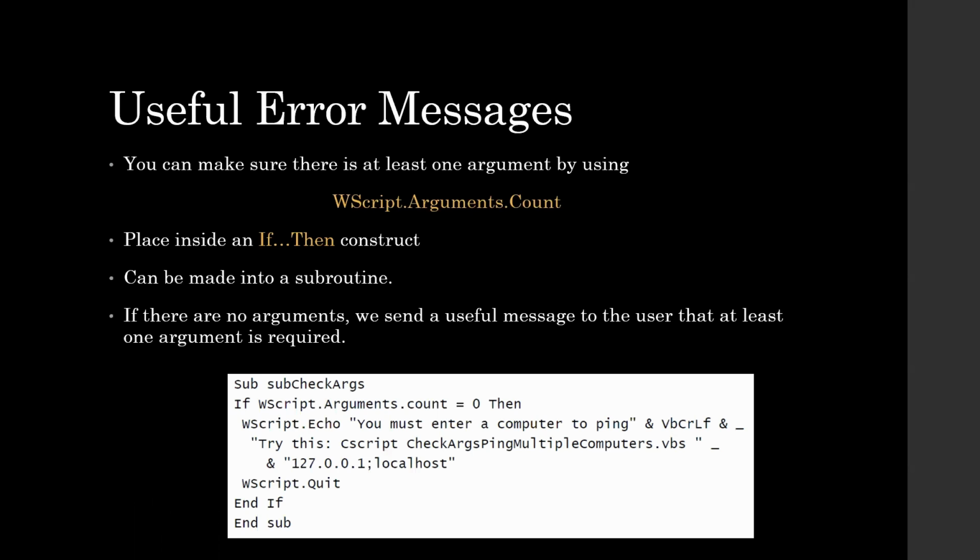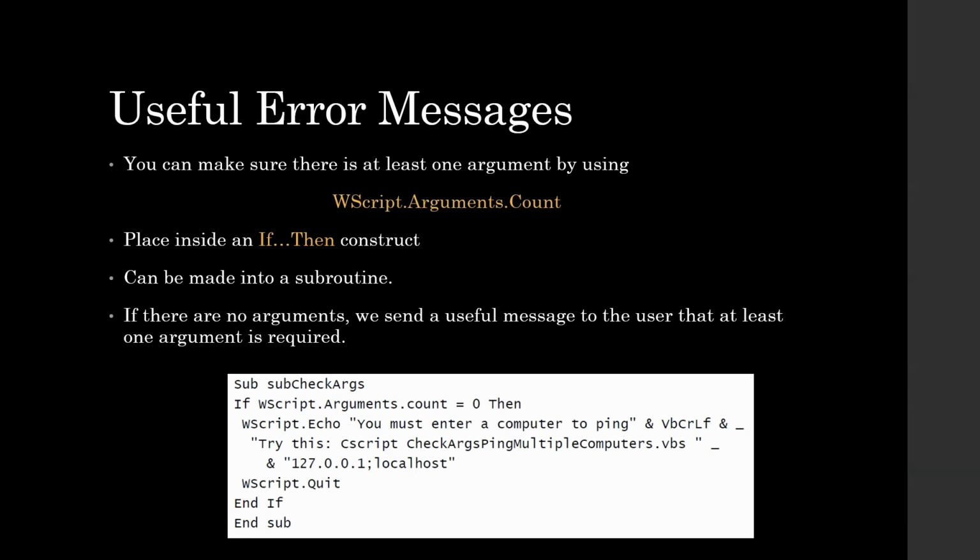In order to do that, we use the WScript.Arguments.Count. That will give us the number of arguments that were given at runtime. We can place that within an If-Then statement, and we can check for any arguments. If there are none, we'll create a more useful message explaining what the error is about.